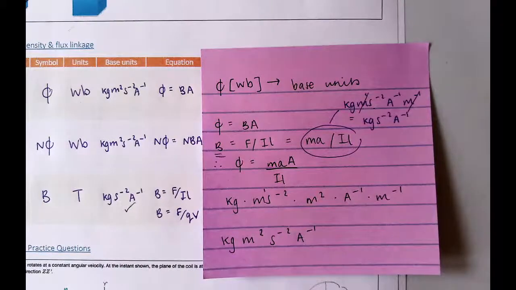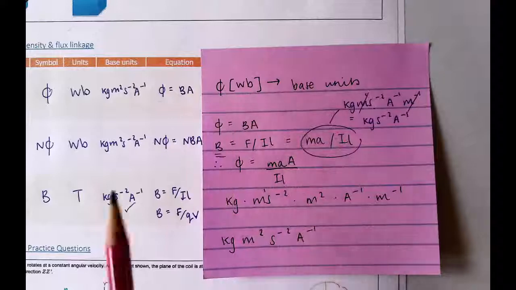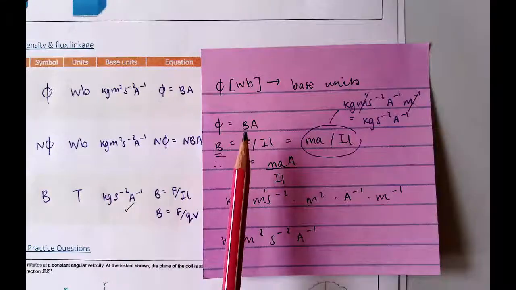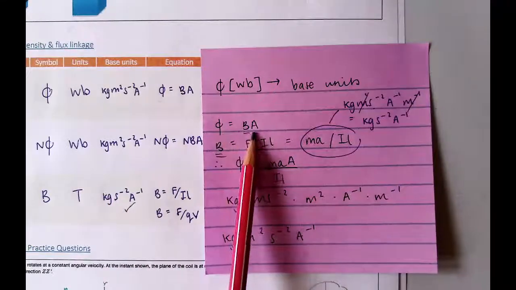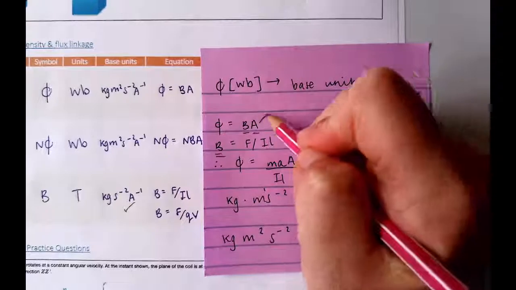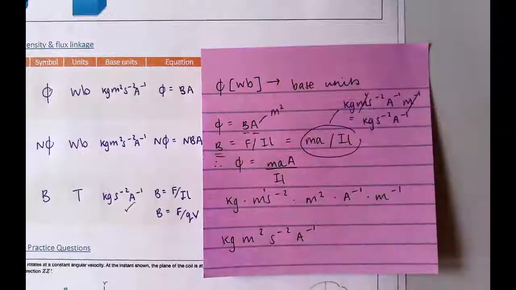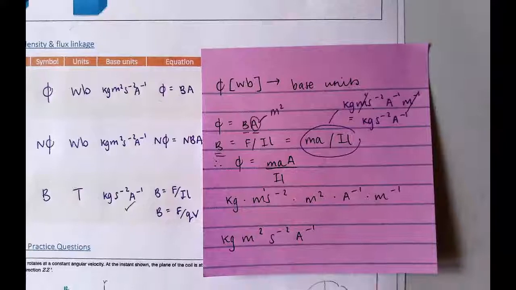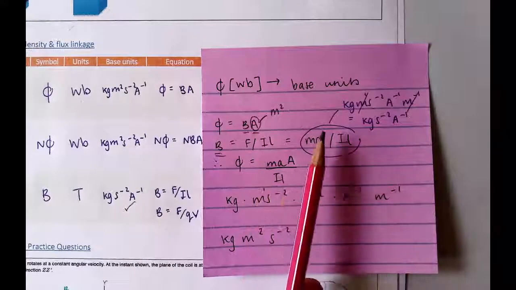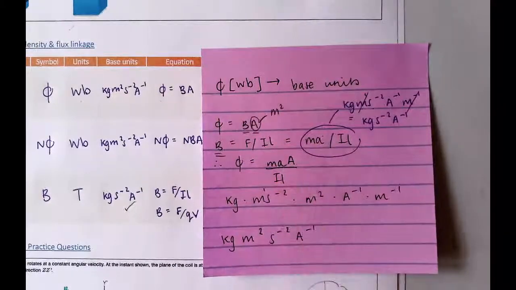Okay, and then I know that to get to flux and flux linkage, all I do is multiply B by the area, and area in base units is just meters squared. So I'm taking exactly what I did over here, but I'm just adding the term area.